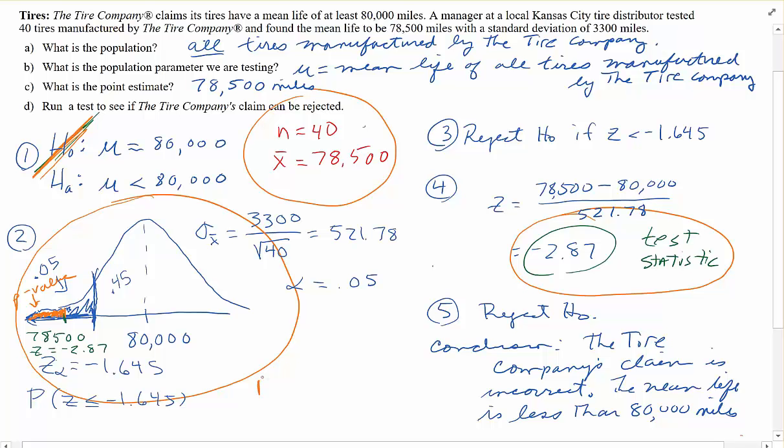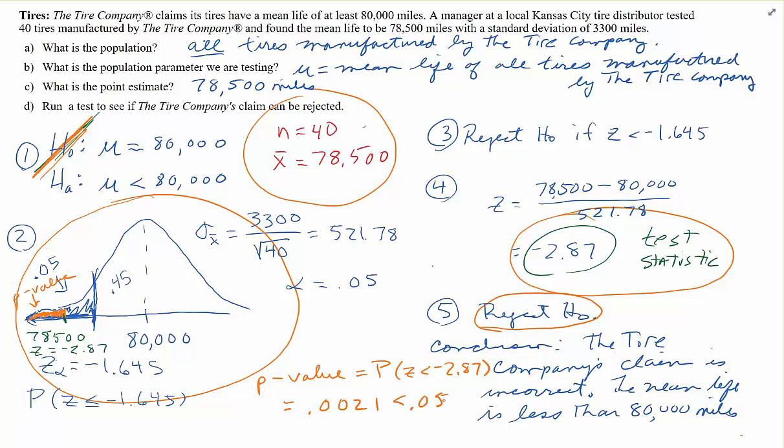So we'd say the p-value is equal to the probability of z less than negative 2.87, which is equal to 0.0021, which is less than 0.05. So again, reject H sub 0.